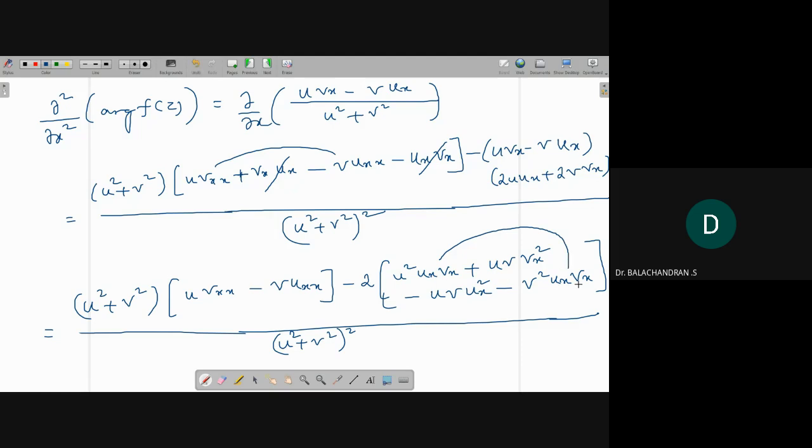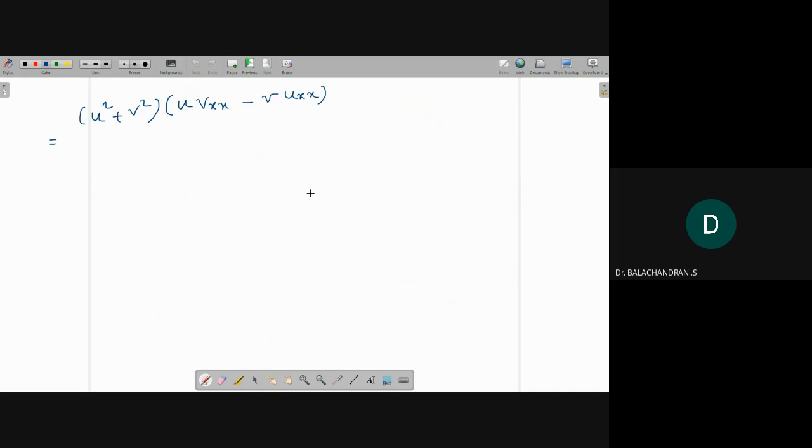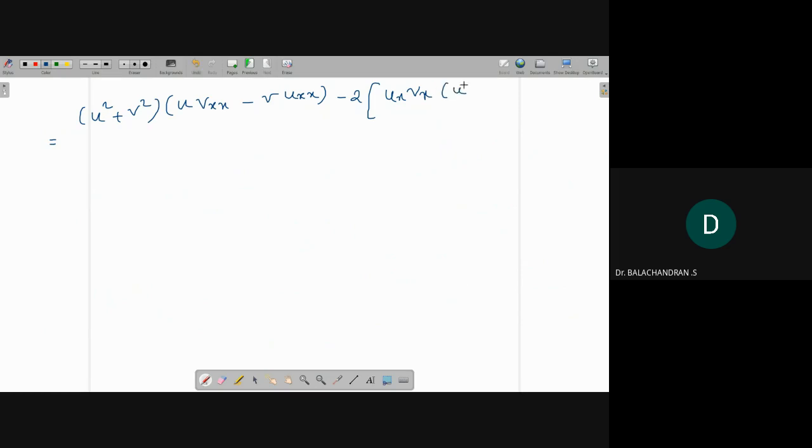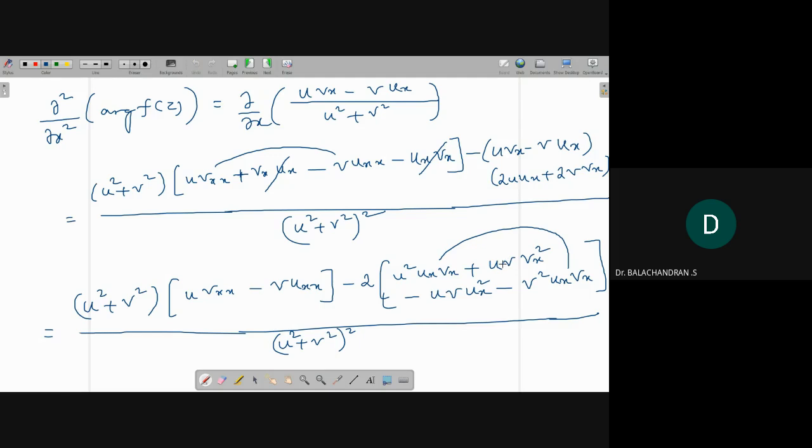So ux vx, if I take commonly, you have remaining u square minus v square. Similarly, if I take uv commonly, this is vx square minus ux square. So first minus 2 ux into vx, if I take ux into vx common, remaining u square minus v square. Plus, if I take uv common, vx square minus ux square.